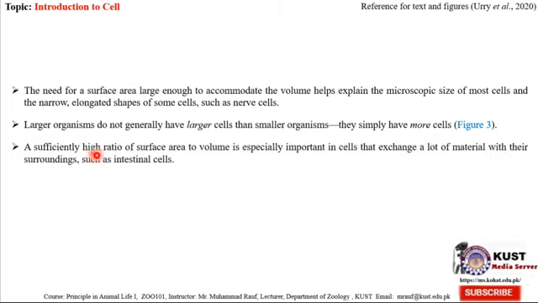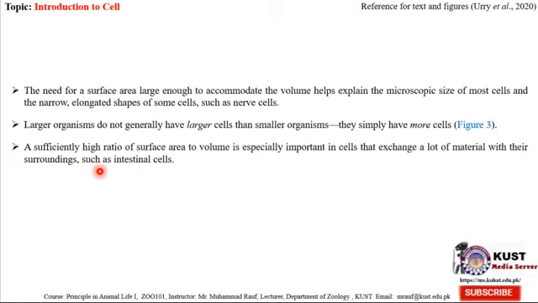A sufficiently high ratio of surface to volume is especially important. Why? What is the importance of the surface area? Because the surface area of a cell is facing the extracellular environment where the exchange of materials takes place. So a sufficient surface area is always important for a cell.